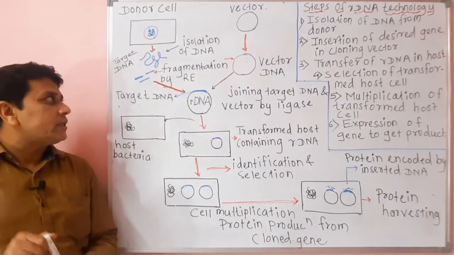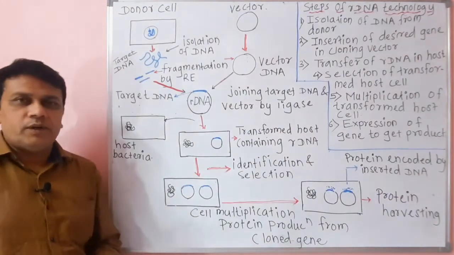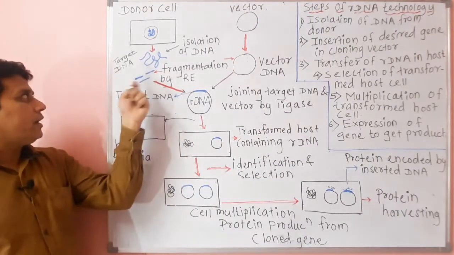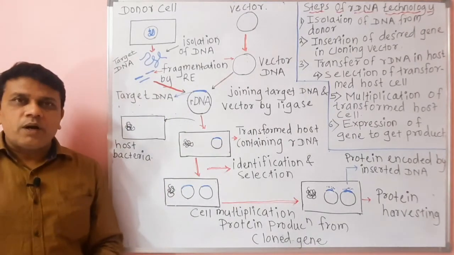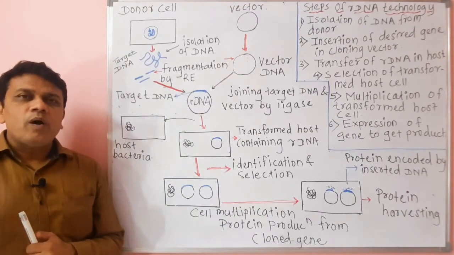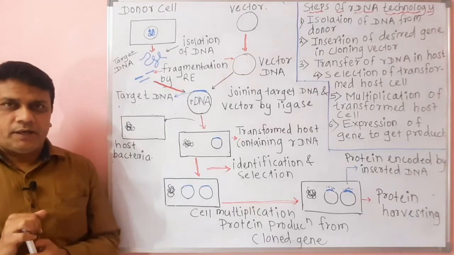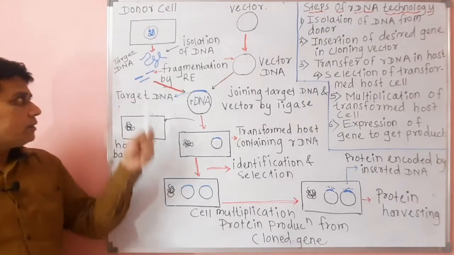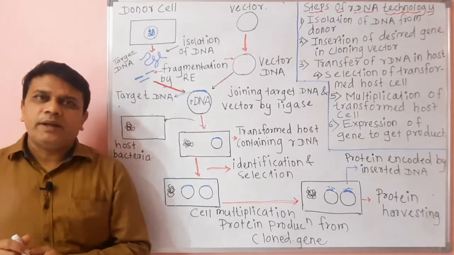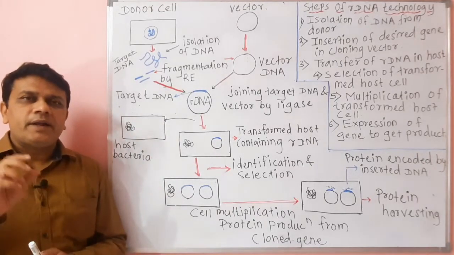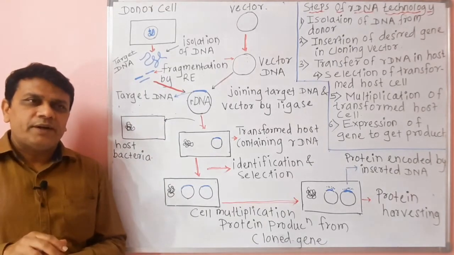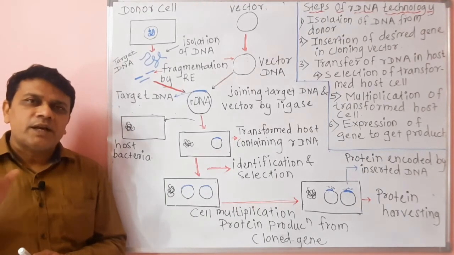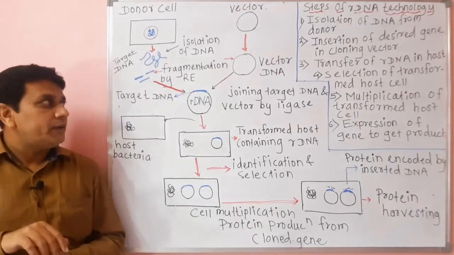Due to the action of this restriction endonuclease, this target DNA is broken down into small fragments of DNA, and then these small fragments are separated, and the desired fragment of DNA or desired gene is isolated.